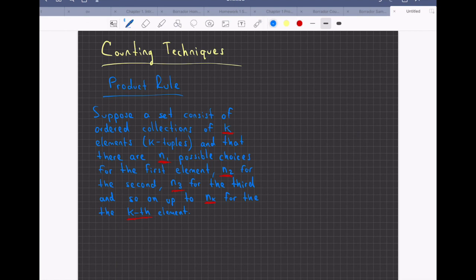Then there are n1 times n2 times n3 times and so on up to times nk k-tuples or sequences of k elements.